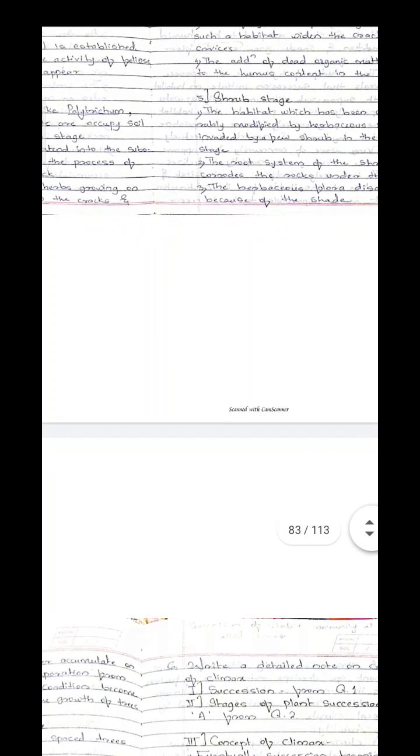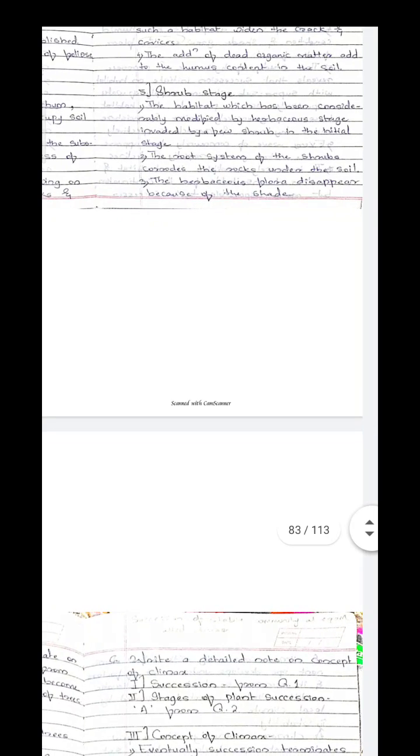So due to these shrubby plants, the root systems are well developed. So these roots arrest the soils. Due to these shrub plants, some herbaceous flora disappear due to the shade.